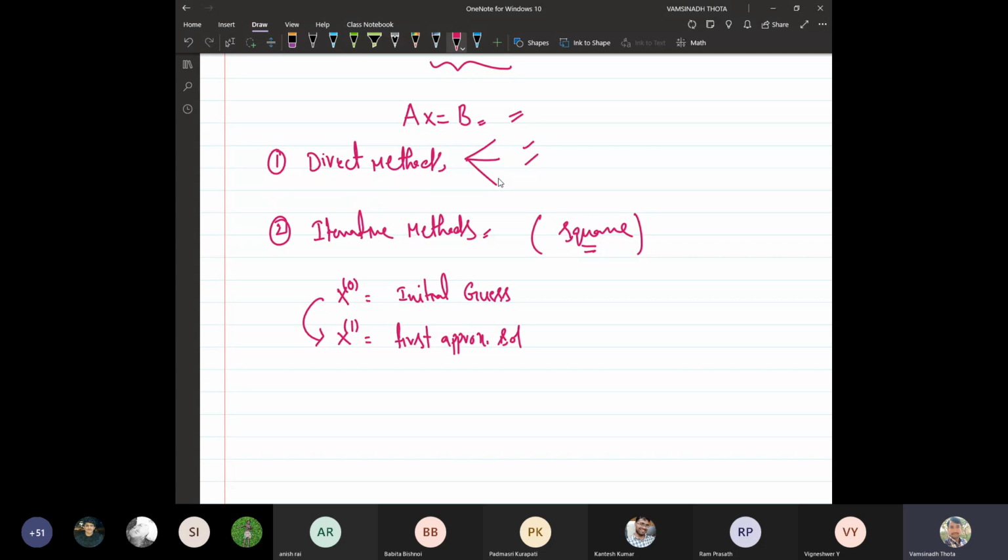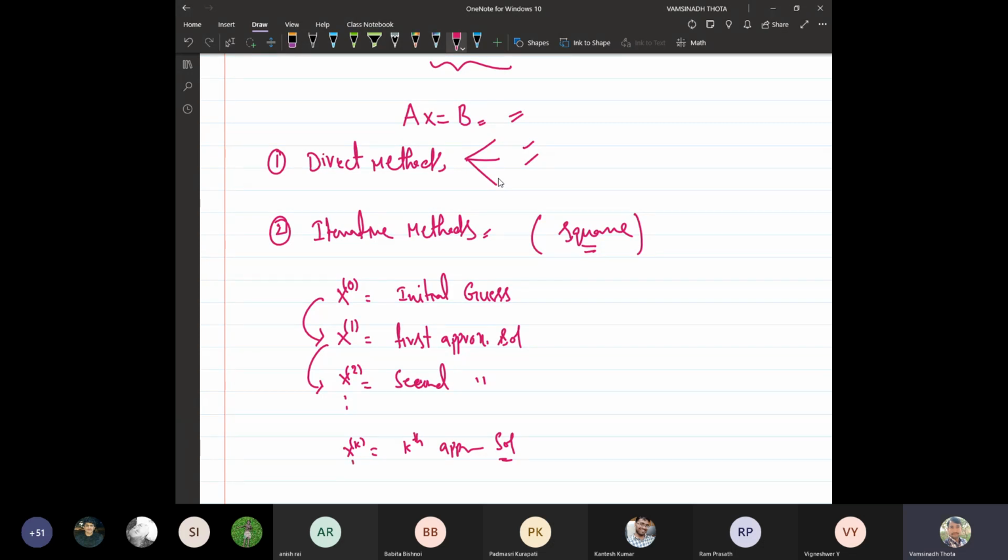Now, again, using the technique and using the first approximate solution, we will find the second approximate solution. And this will continue up to xk, the kth approximate solution. Okay.